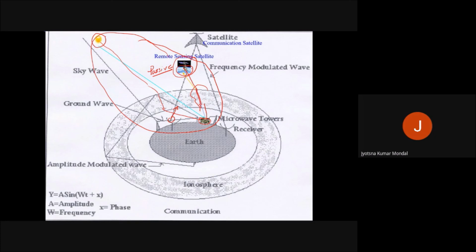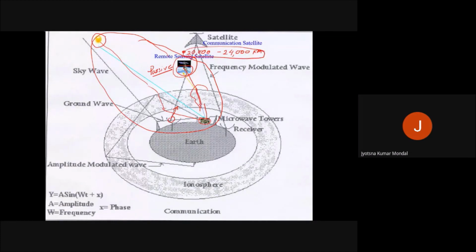And the last one is the GPS satellite. The GPS satellite is somewhere here in between. It is 20,000 to 24,000 kilometers away from the surface of the Earth.